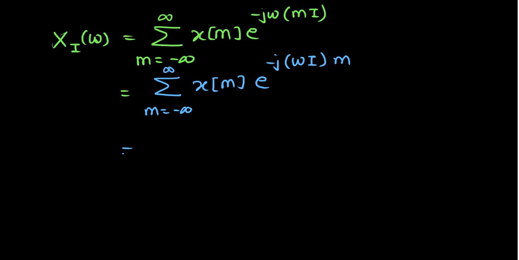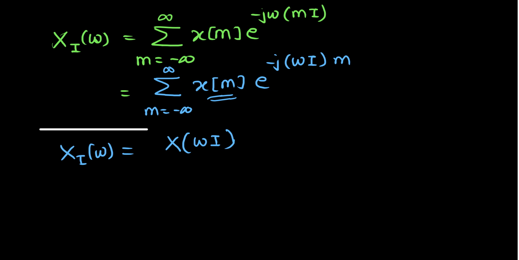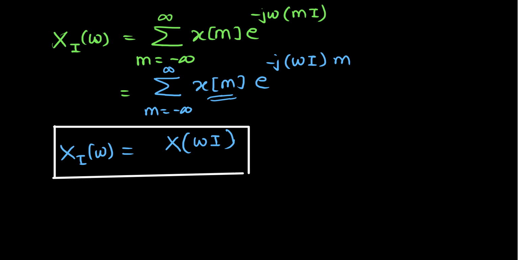Now if we observe this, this is basically the Fourier transform of the original signal, that is x of n, but the omega is basically scaled by I. So this is what we have here, and this is the Fourier transform of the interpolated signal.